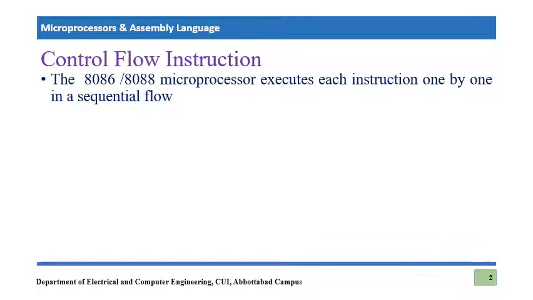So we know that the 8086 or 8088 microprocessor executes each instruction one by one, and this is not only true for 86 or 88, this is also true for any other type of microprocessor, but right now we are just focusing on 86 or 88 in this course. So we know that the microprocessor executes each instruction one by one in a sequential flow.